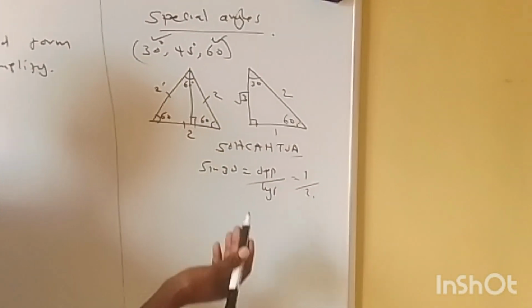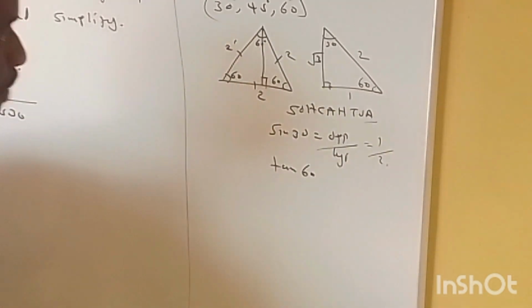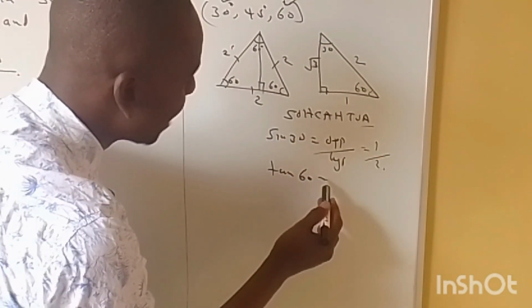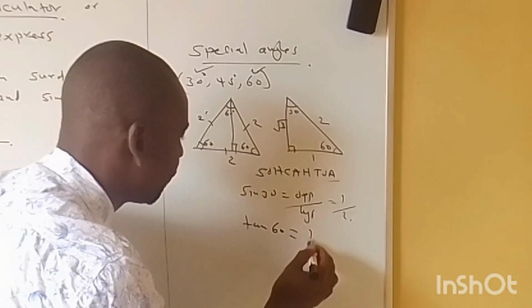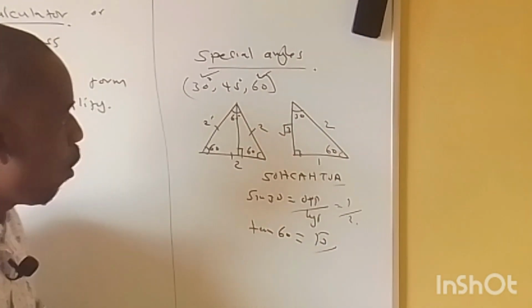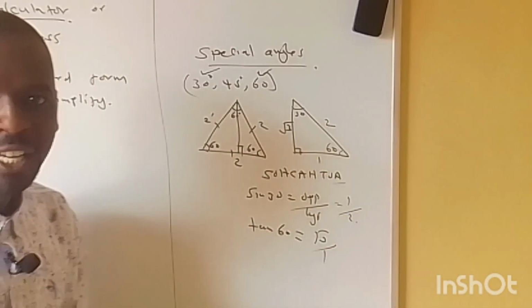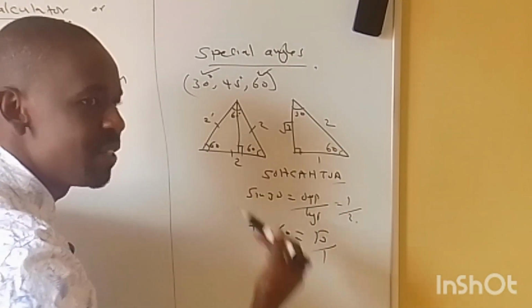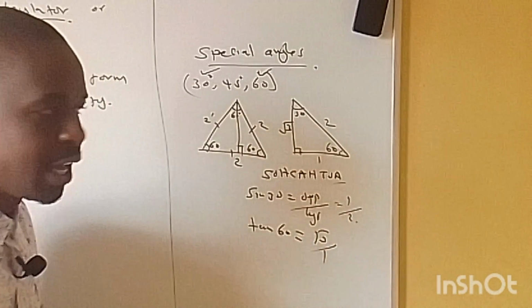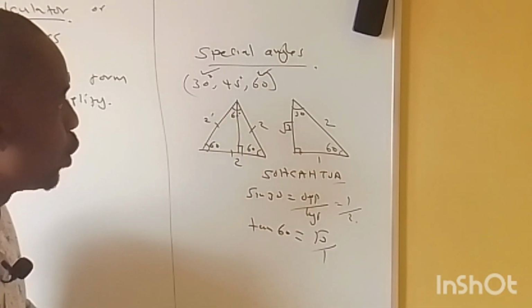You can also get maybe the tan. How do you get the tan? Adjacent, which is 1. So the tan of 60 is root 3. So this one now you can define any trigonometry of the sine, the cosine, and the tangent of any angle that you are asked.